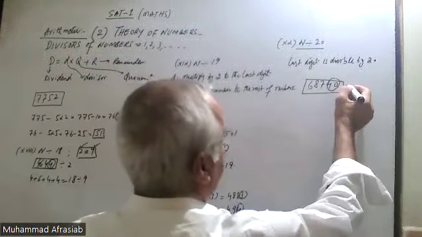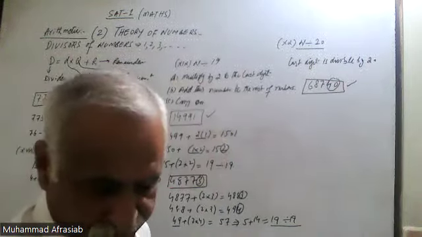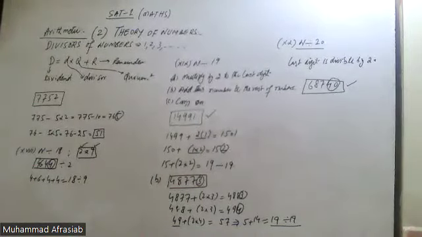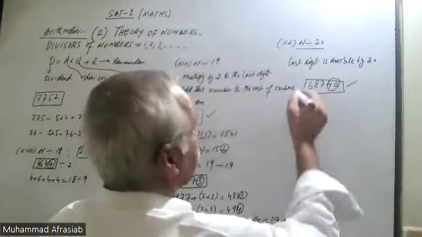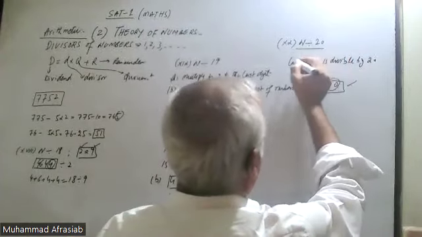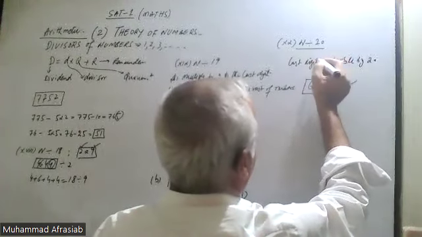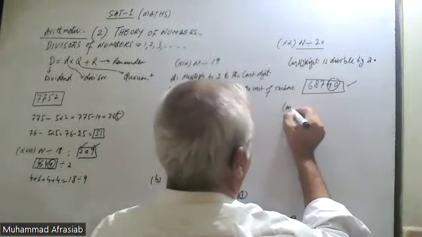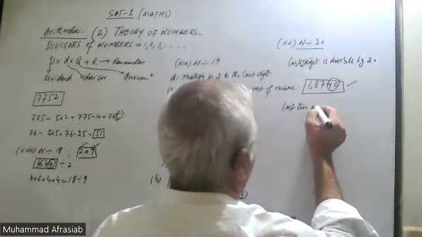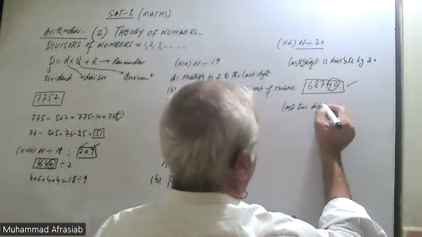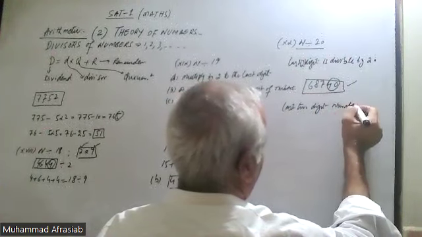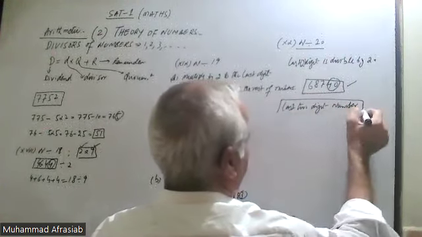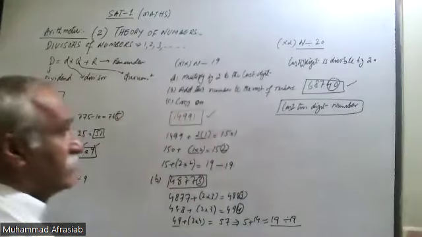So this number is divisible by 20 there.